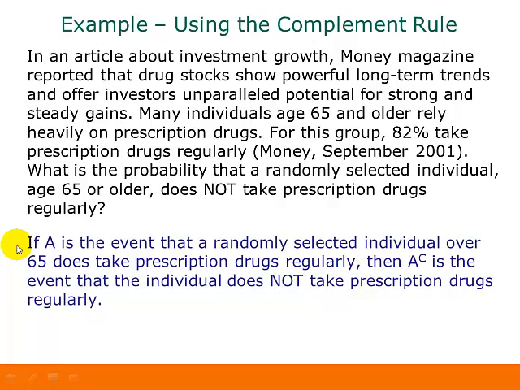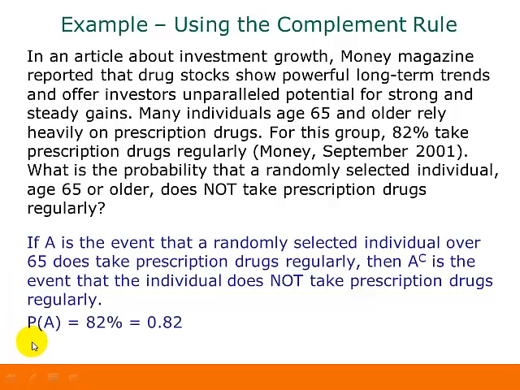So if A is the event that a randomly selected individual over 65 does take prescription drugs regularly, then A complement is the event that the individual does not take prescription drugs regularly. And notice that we would have information about the event A, but we don't have information about the event A complement.